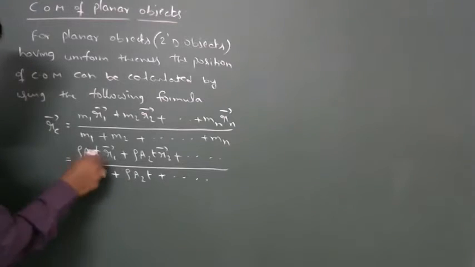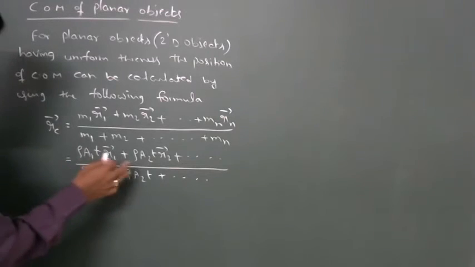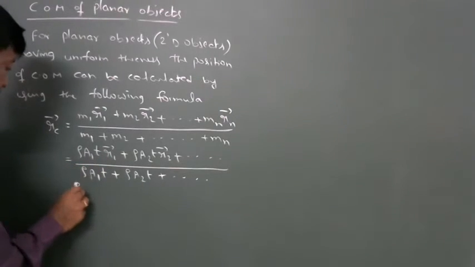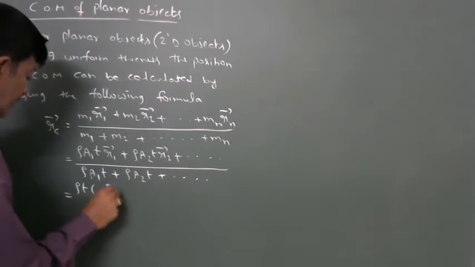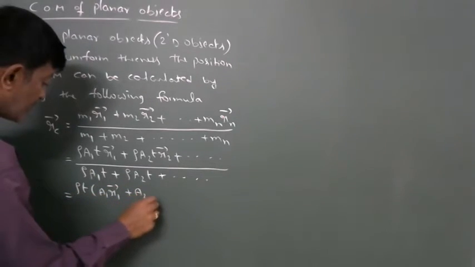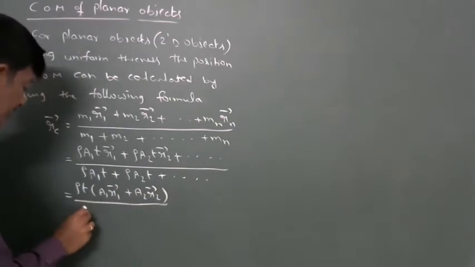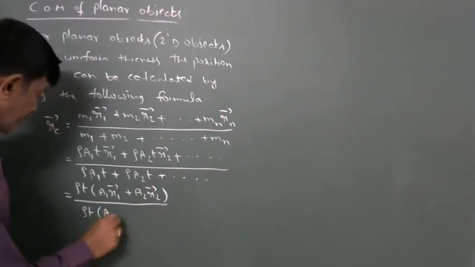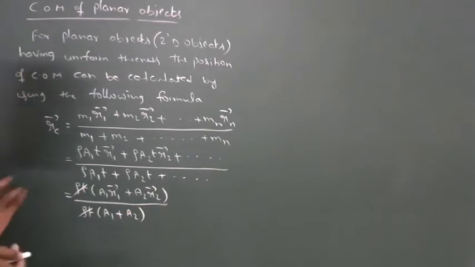Here rho T gets cancelled because it is common in both numerator and denominator. So taking rho T common, we get A1 R1 bar plus A2 R2 bar divided by rho T into A1 plus A2. Rho T gets cancelled.